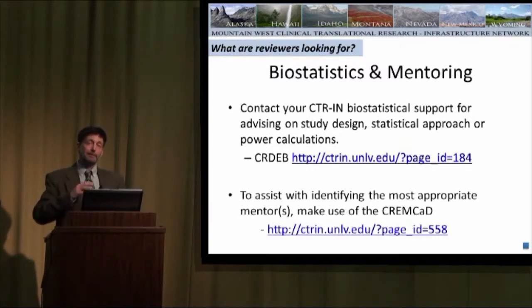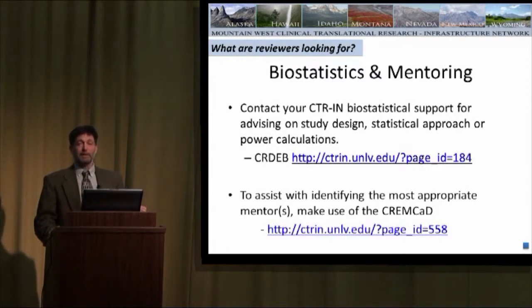And to that end, each of our partner institutions has a biostatistical expert that will help each investigator in providing those services. So that is a key aspect of the pilot grant application process, is engaging with that biostatistical support early and often.